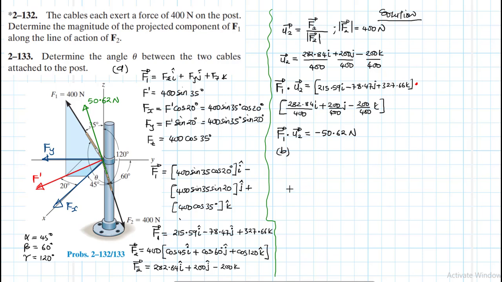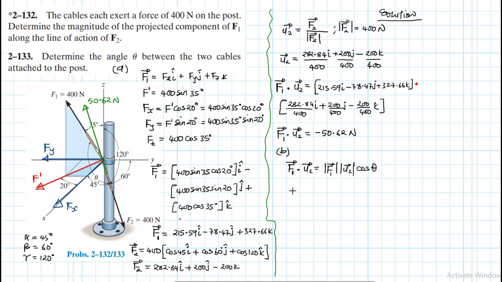What is part B? We determine the angle between the two, force vector 1 and force vector 2. The problem has become even simpler because we know that F1, when you dot two vectors, you can also express them, like I said earlier during the introduction, as a product of their magnitudes times cos of the angle between them.